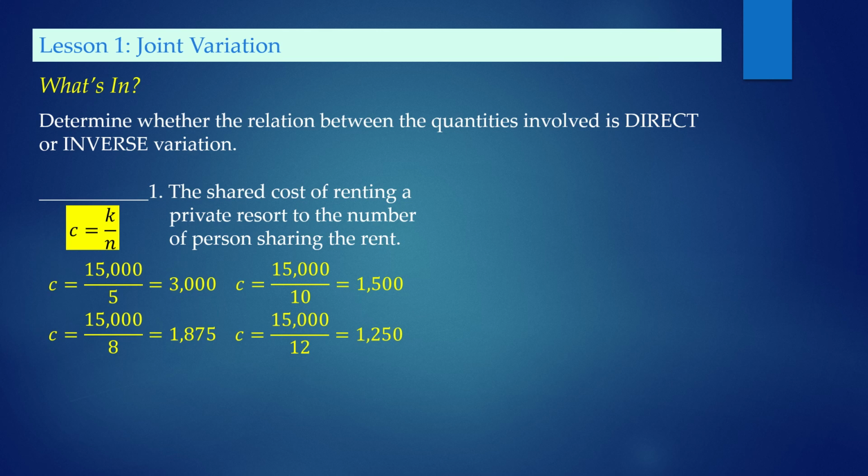The more the merrier: the more persons, the lesser the payment. If fewer, say less than 5, for sure each person's share is bigger. So it is the opposite reaction of the two variables, the cost and the number of persons paying. That is a good example of inverse variation.